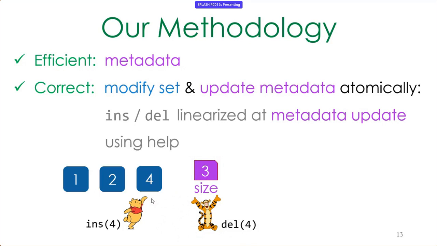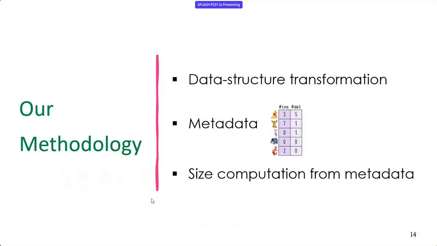We have operations help operations that they depend on to update the metadata. Operations they depend on, by that I mean operations on the same key in case of sets. So this is the basic idea of our methodology, and let's delve into some more details now, starting with how we transformed a data structure to use our size mechanism, and then I'll talk about the inner workings of our size mechanism.